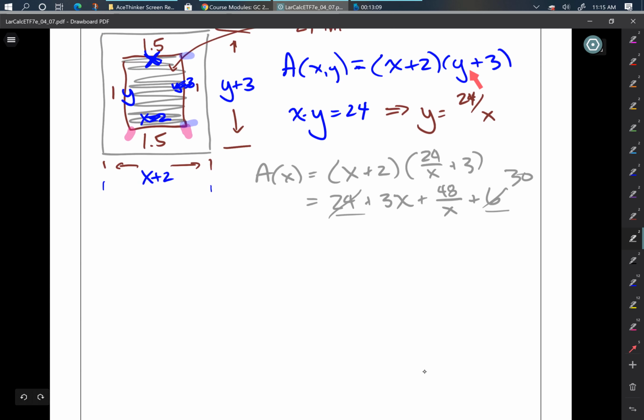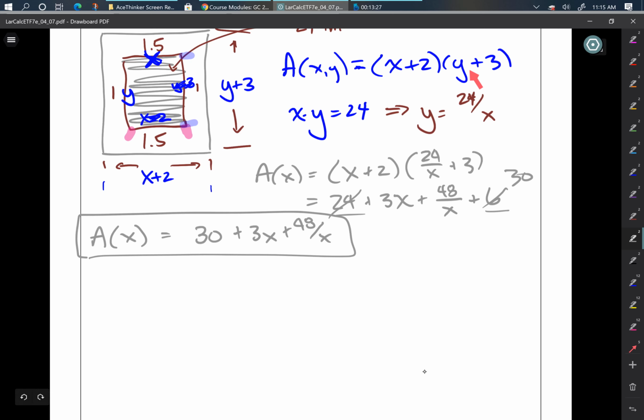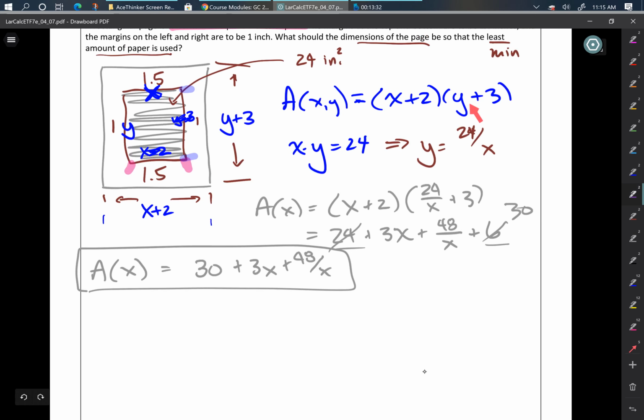Okay, so now I have area as a function of only x is 30 plus 3x plus 48 over x. There's my function now that I need to optimize. Are there any restrictions upon x? Well, it'd be safe to say that x can't be negative.